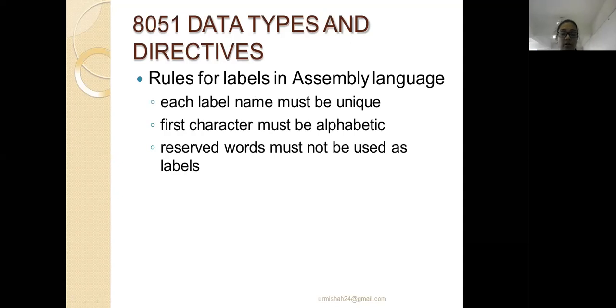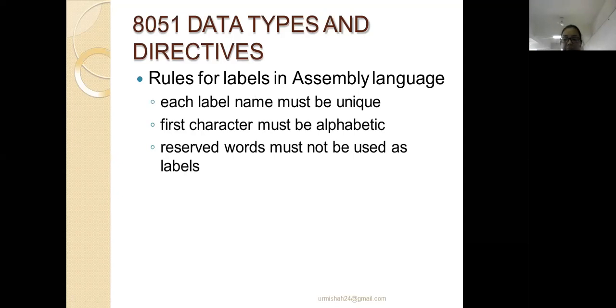Now, rules for labels in an assembly program. If you want to give a name to a label or loop, there are certain rules. Each label name must be unique. The first character has to be an alphabet only, and reserved words must not be used as a label.